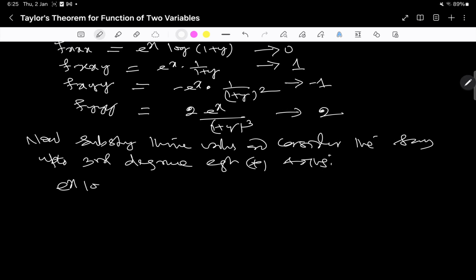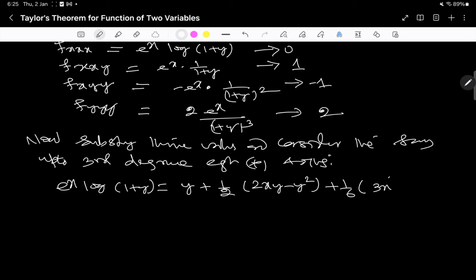Here e^x log(1+y) will be y plus 1/2 (2xy minus y square) plus 1/6 (3x square y minus 3xy square plus 2y cube). So this is the desired answer.